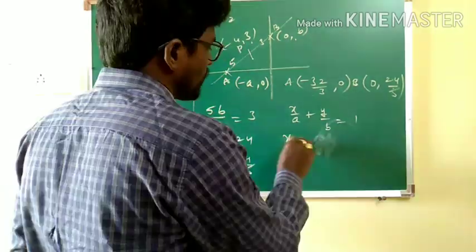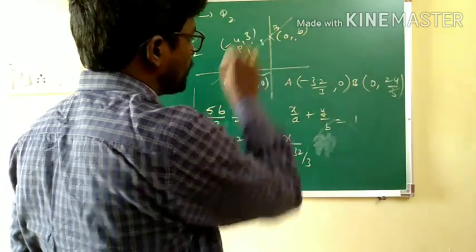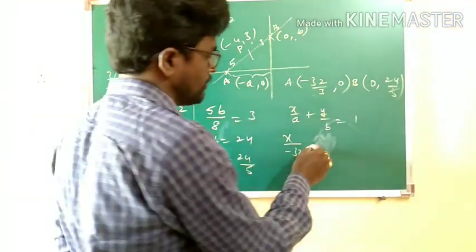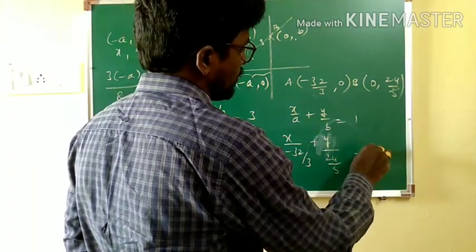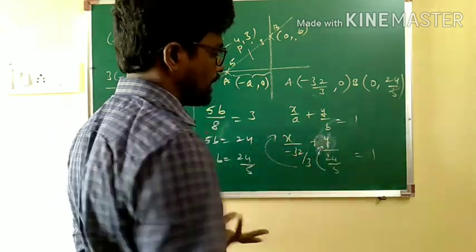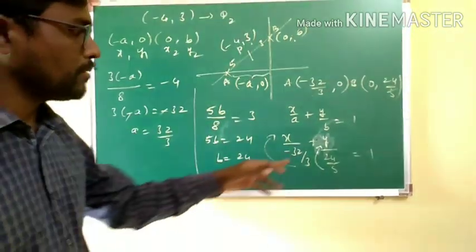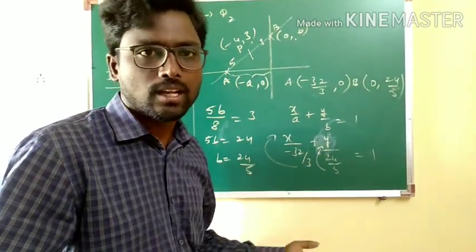What is a? The x intercept is minus 32 by 3, plus y by 24 by 5 is equal to 1. Now just simplify this, otherwise you can keep it like this. 3x by minus 32 plus 5y by 24 is equal to 1 is the equation of the line.